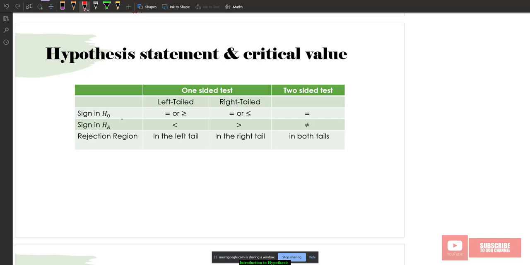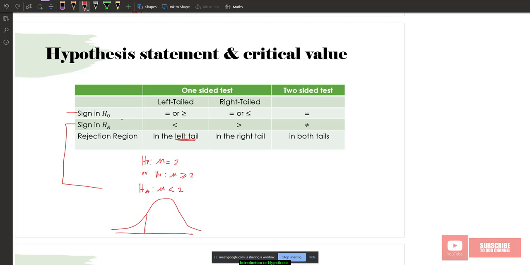For example, the null hypothesis is mu equal to 2, or mu more than 2, and the sign in the alternate hypothesis is, let's say, mu less than 2. So this region is the left tail, and we sketch the area on the left.